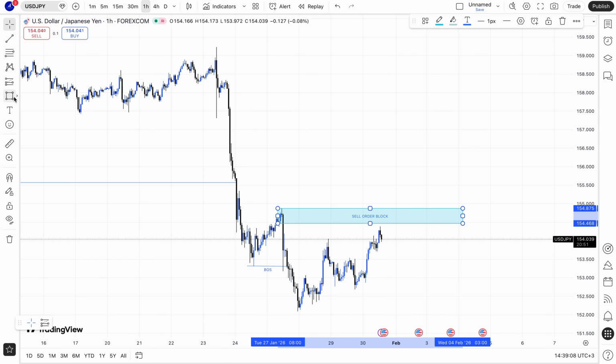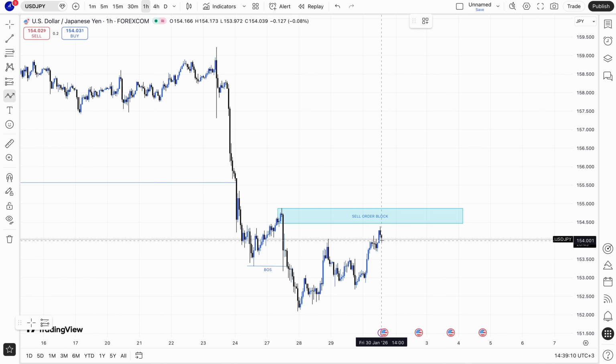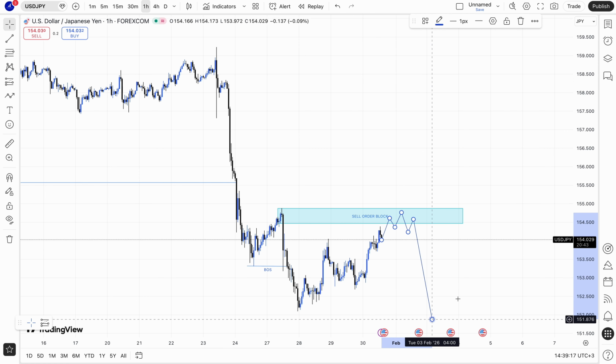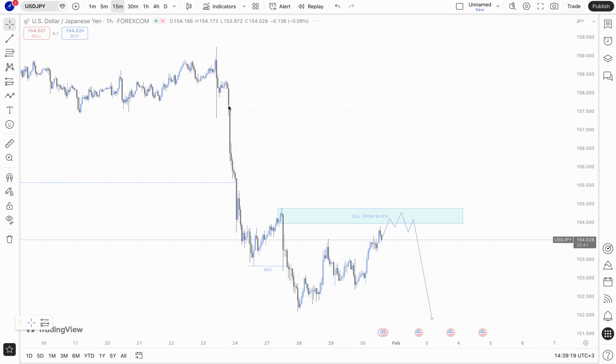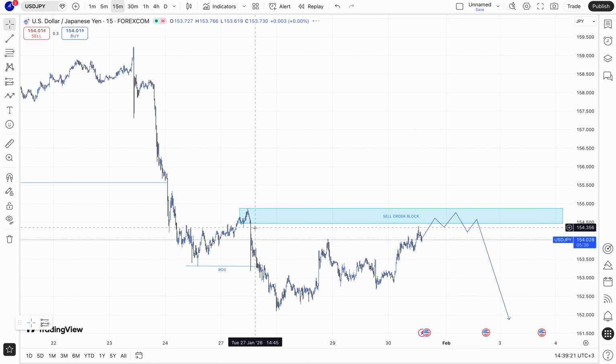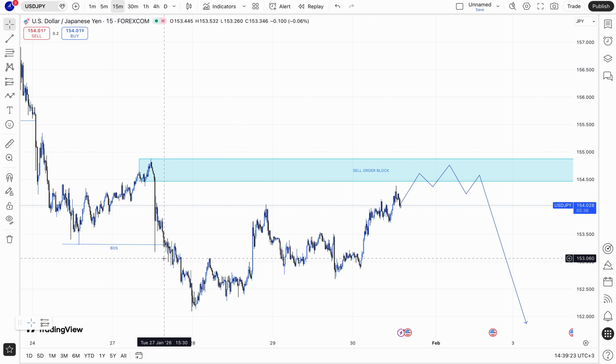Then gonna be patient for this, wait for it to tap in here, then you get our confirmation to the downside, then just like that.